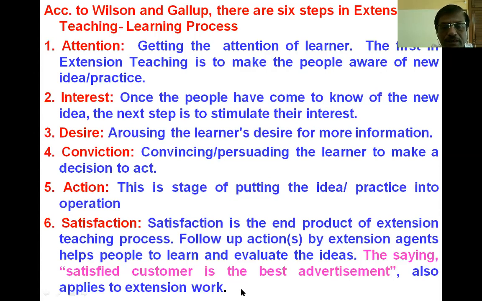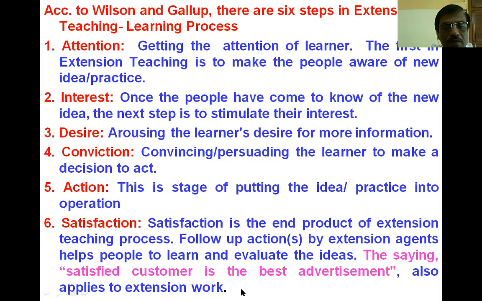Then satisfaction, the sixth one. Satisfaction is the end product of extension teaching. Follow-up action by the extension agents helps the people to learn and evaluate the ideas. After adopting the innovation, the extension worker should visit the farmer's field and help the farmers to evaluate the variety or technology in comparison with the existing one.